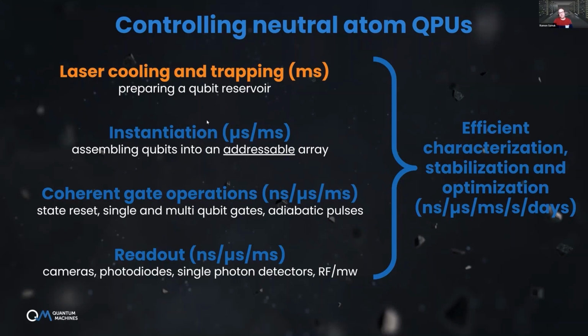Then in the instantiation, you want to control and homogenize the trap frequencies of the atoms in the trap, the position of each atom, because this is how you're controlling the interaction strength between neighboring atoms. So these are all parameters.